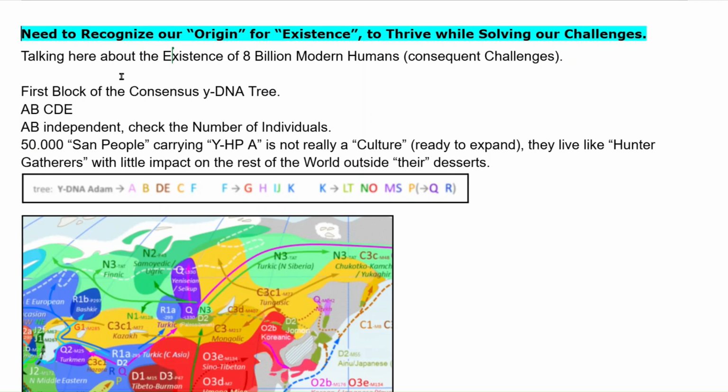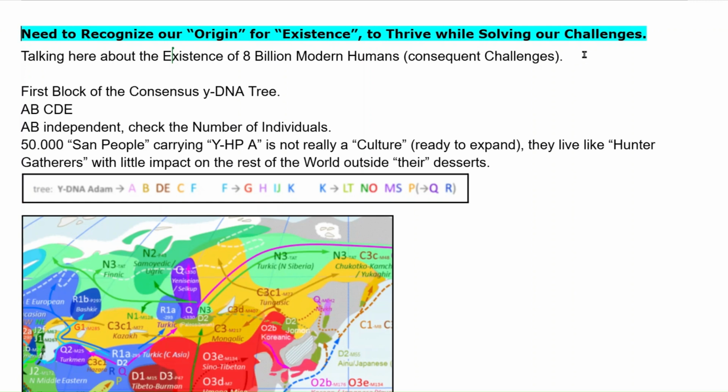We're talking here about the existence of 8 billion modern humans, which, with their actual lifestyles, obviously has consequent challenges. And these challenges are a threat.